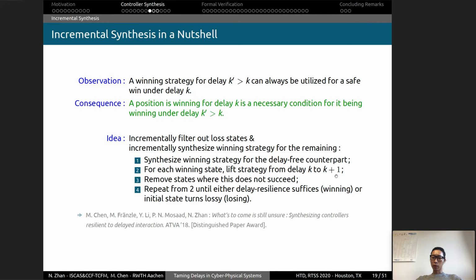This step is important because to come up with the strategy for k plus 1, we can always use the information that is already encoded in the strategy of delay k. Later on, you will see how this information is used. And then we also remove states where this does not succeed anymore. Now we can repeat the process until we are able to find the delay tolerant strategy for player 1, or we find that the initial state turns losing already.